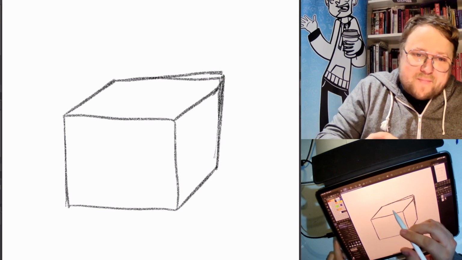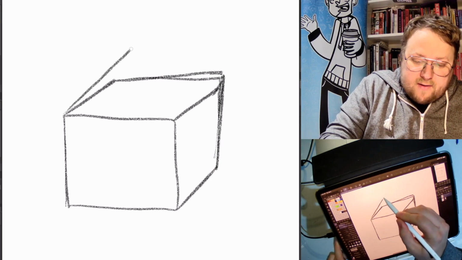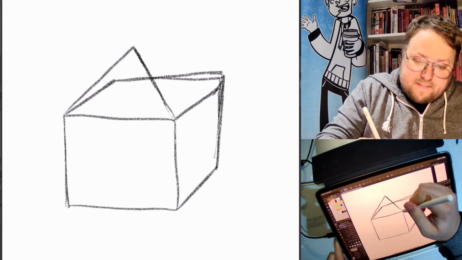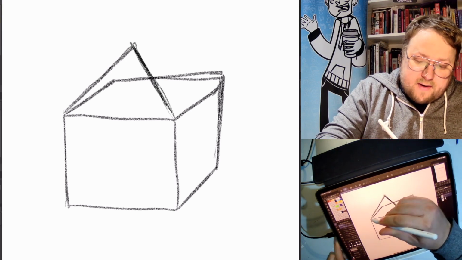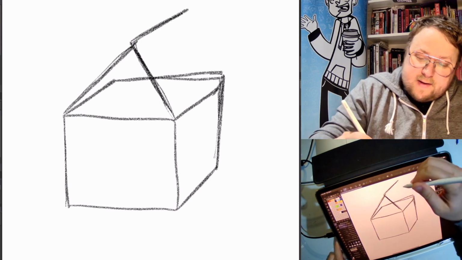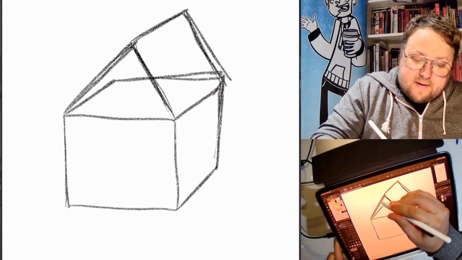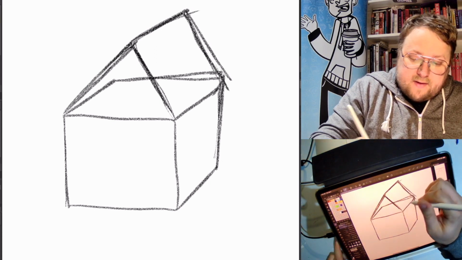Then of course, basic houses have a triangle that builds up on top of the box like that, and then you draw a parallel line like that, you draw it down. Okay, so there is your, very good, we're getting there.